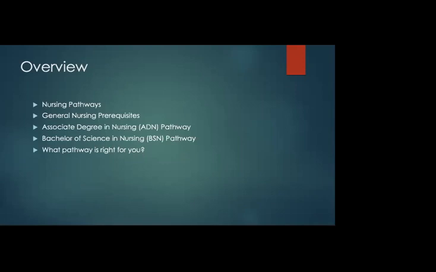Then we're going to go into some specific information about the associate's degree in nursing or ADN pathway. And then we're going to go into some specifics about the Bachelor's of Science in Nursing or BSN pathway. And then finally, we're going to compare which pathway, the associate's degree or Bachelor's of Science degree in nursing pathway, might be right for you.